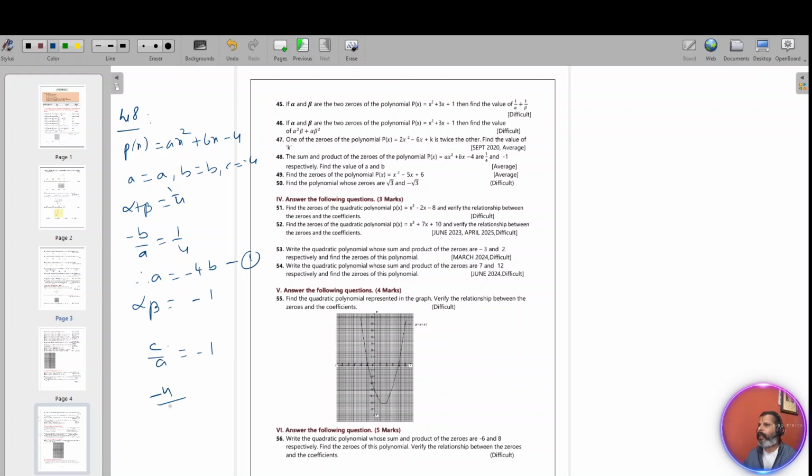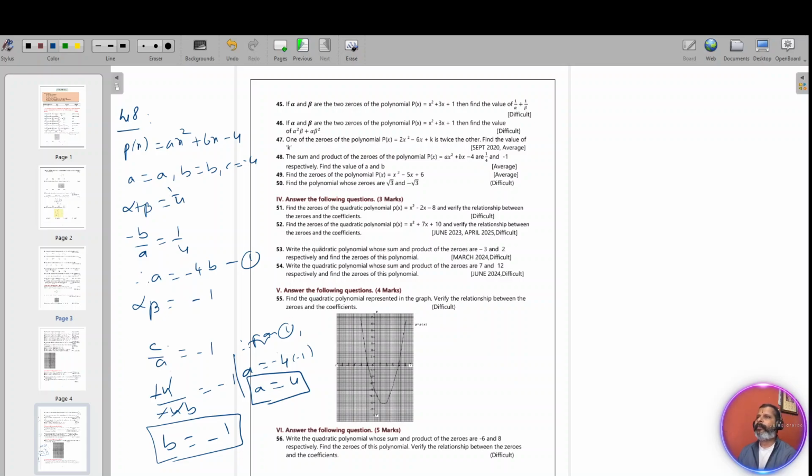Minus 4. So minus 4 by minus 4b equal to minus 1. 1 cancel, 4 cancel. Therefore, b equal to minus 1. So putting this minus 1 in equation 1, we get a. Therefore, from 1, a equal to minus 4 of minus 1, that is 4. a equal to 4. Okay.